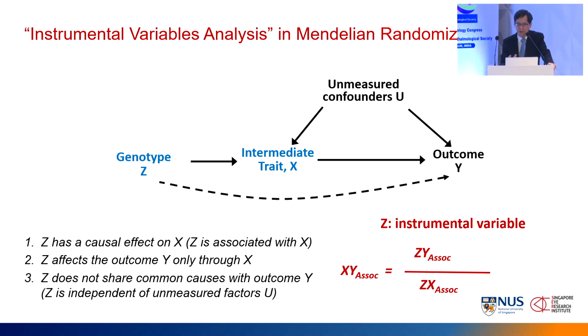When we apply this idea in the context of genetic analysis, we can replace the assignment with a genotype, and we can replace the treatment with the so-called intermediate trait between the genotype and outcome. This is the so-called Mendelian randomization analysis.